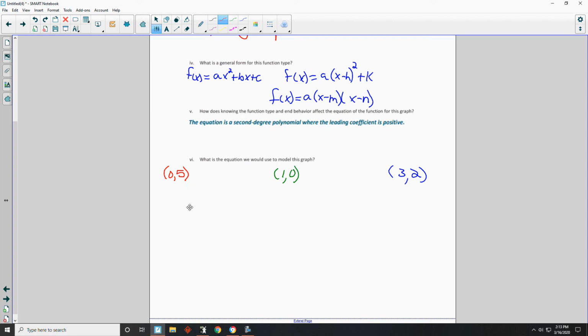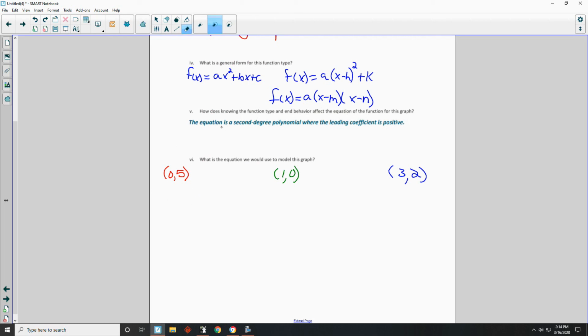All right, so going back to here, using the point (0, 5) and this equation here. Actually, why waste time here?